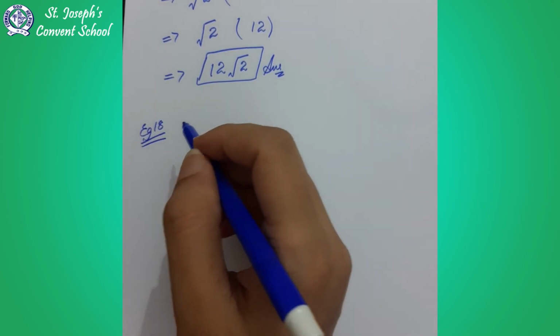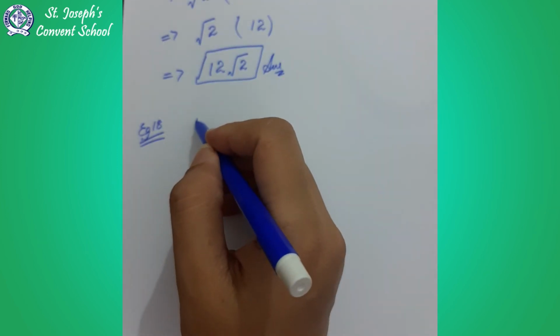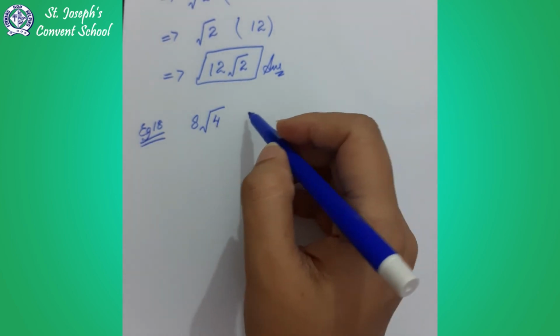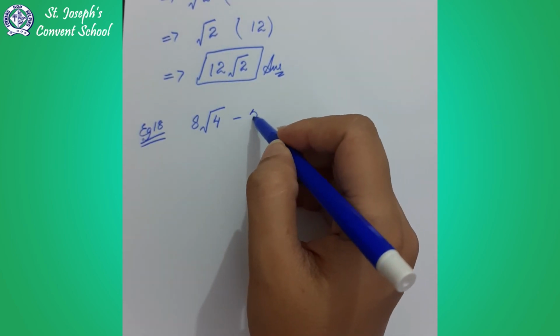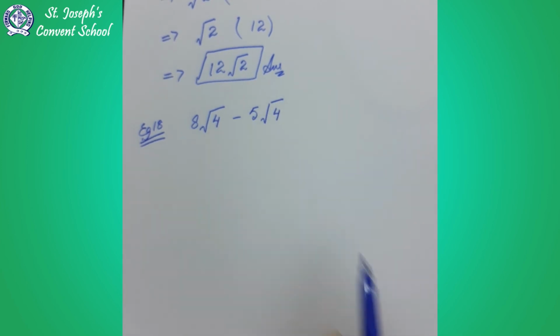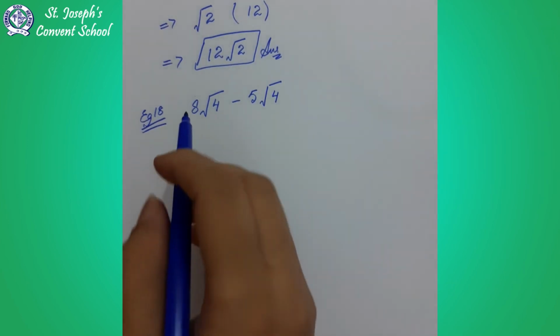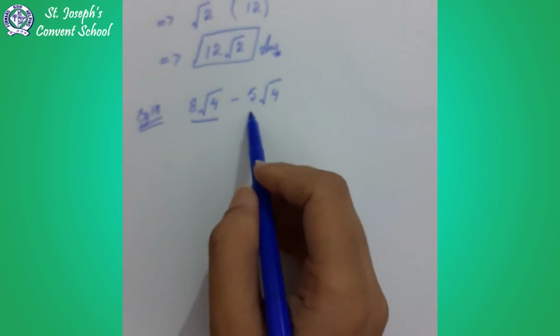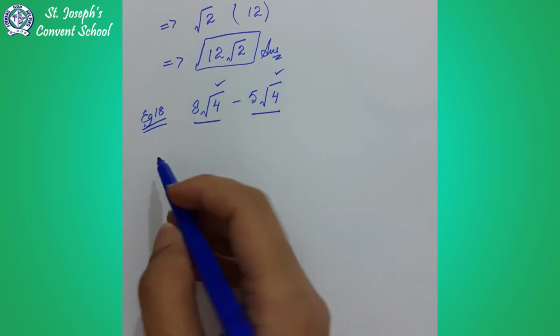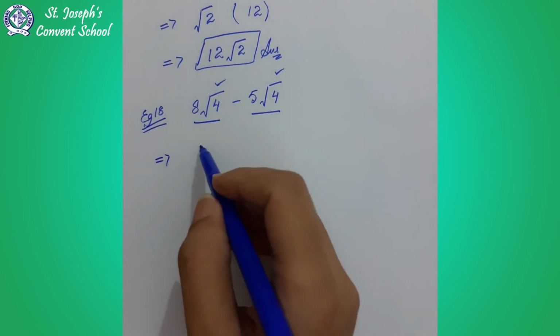One more example, the last example of the minus sign. Okay, 8 under root 4 minus 5 under root 4. You can see in the question there are two terms. This is one term, this is the second term, and in both you can see root 4 is given. So take out common.